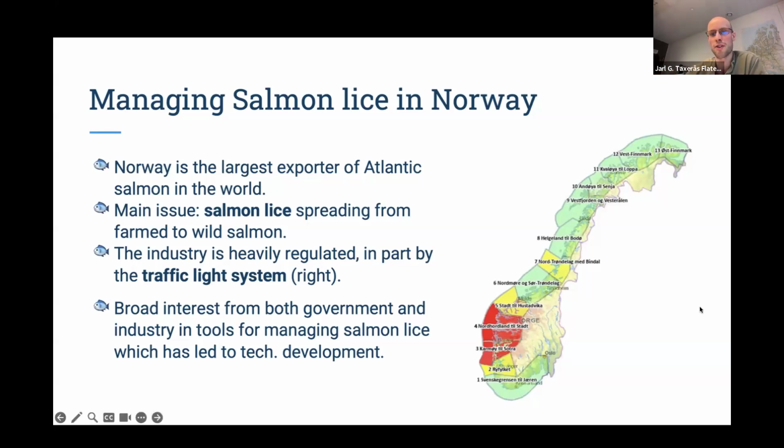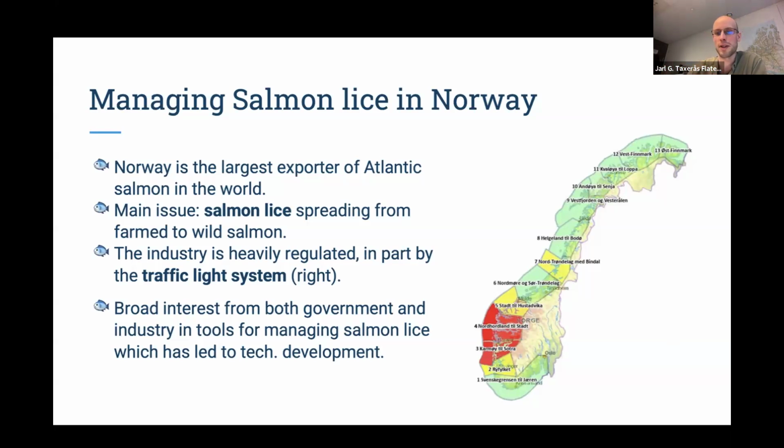So there are 13 areas or regions along the Norwegian coast, and it's very unlikely for disease or parasites to spread from one region to another. So these are self-contained areas, really.